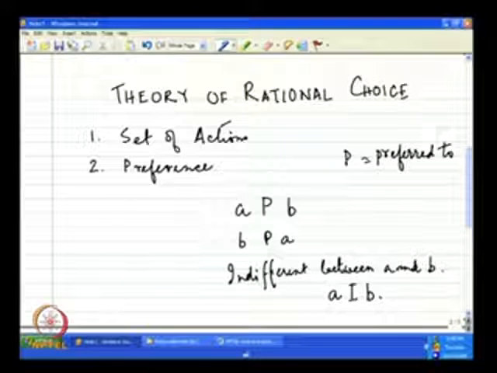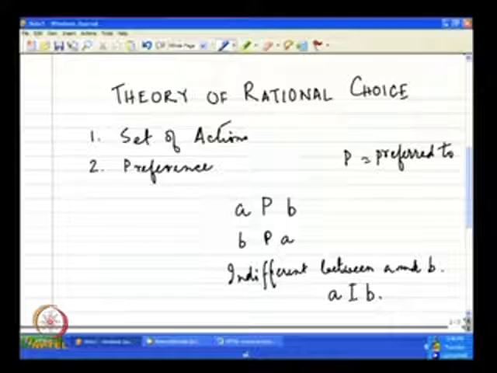So the basic point I am trying to make is that every individual at any point of time has many actions to choose from, but he will take that action which is best for him. Now, to say that he will take that action which is best for him, it is necessary that he must be able to say that if he is given two choices, two actions, which is better for him, or whether these two actions are the same, meaning it is all the same to him whether he takes the first action or the second action.